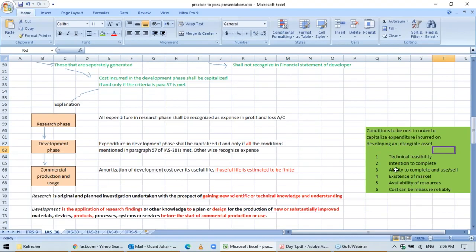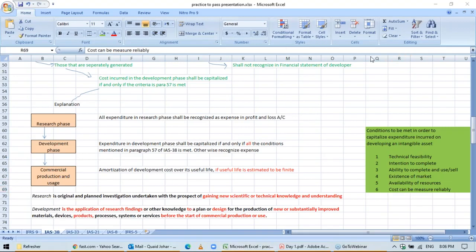Now the condition that is not present over here is availability of resources. So in this question, they do not have abundant resources to complete the project, right? So these are the 6 conditions: technical feasibility, intention to complete, ability to complete, existence of market, availability of resources, and cost can be measured reliably.